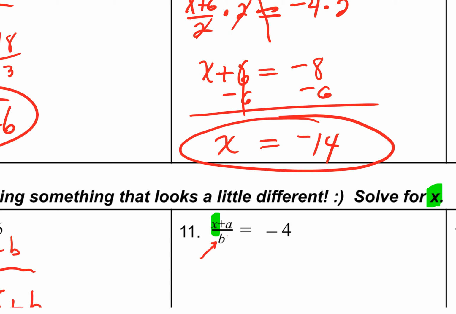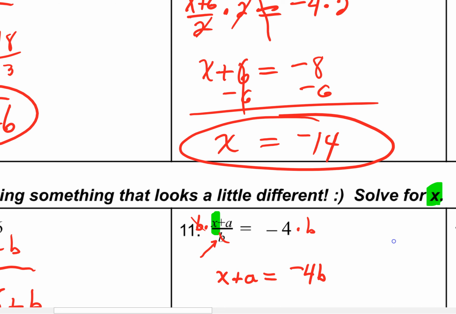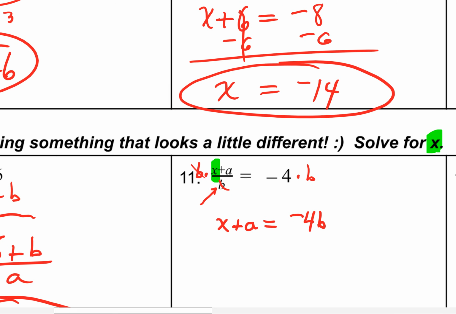So that's why we can go back and say, what's the last thing that occurred on this left-hand side? It's a division of b. So I'm going to multiply by a b here and multiply by a b here. What does that leave you with? Well, you have an x plus a on the left side. You could just write that as negative 4b right here.